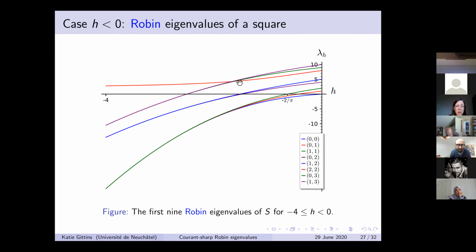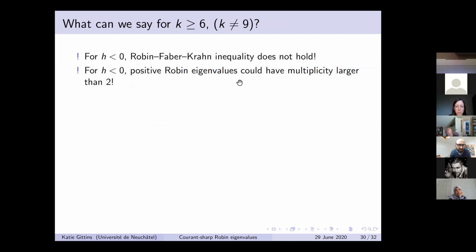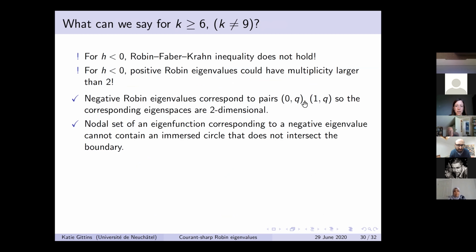So we don't know how to deal with the larger multiplicities. What we'd like to do is be in a situation where there's multiplicity 2. And there is a situation available where that holds, because we have the negative eigenvalues corresponding either to (0, q) or (1, q). Each one of those is going to have multiplicity exactly 2.